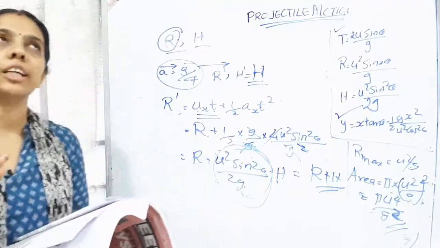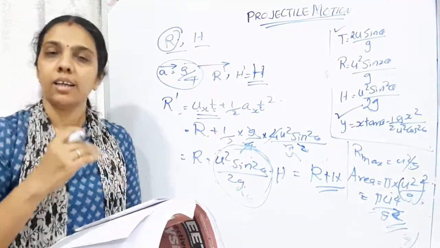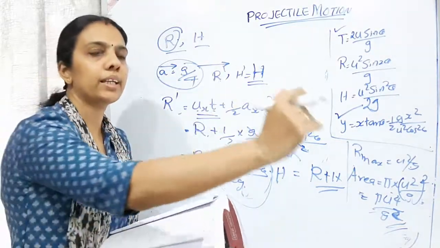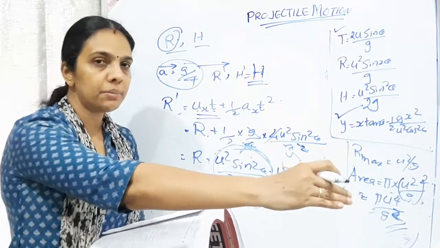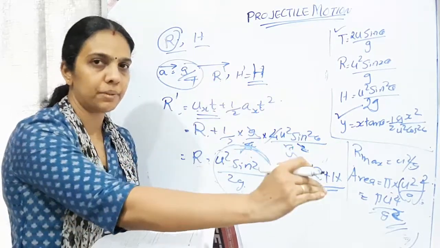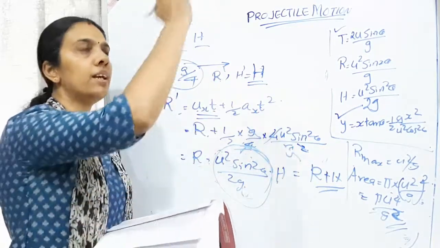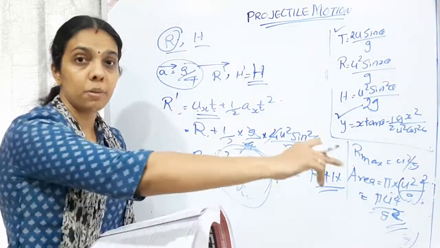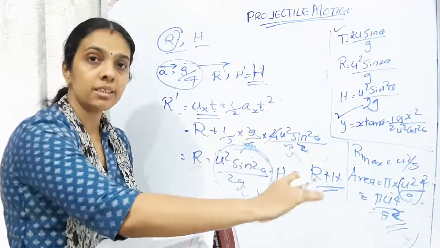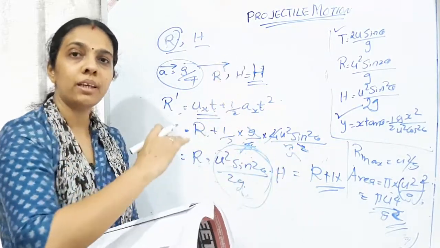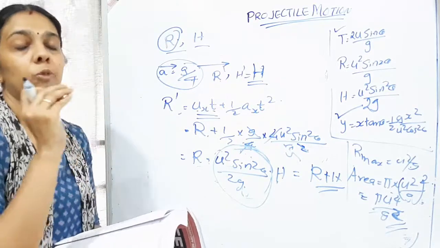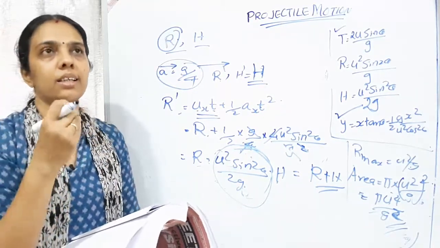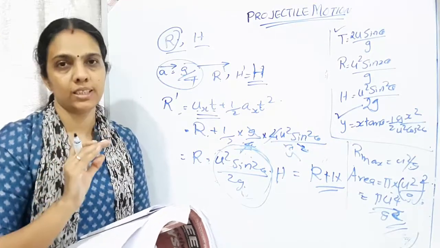So here first we need to consider the cart. The cart is moving with a velocity of 30 meter per second and it is covering 80 meters. During the time interval in which it covers 80 meters, the projectile will be falling back. What will be the time interval? Distance travelled by the cart divided by its velocity.